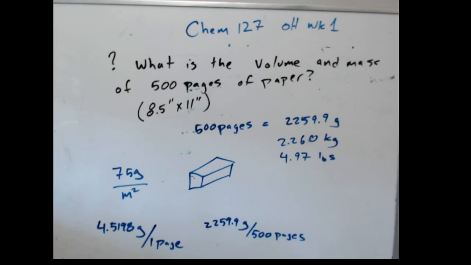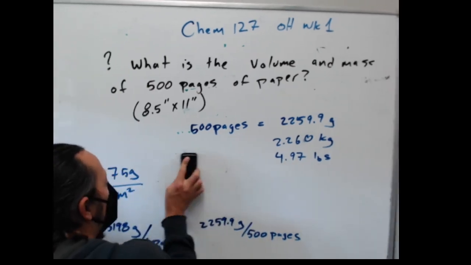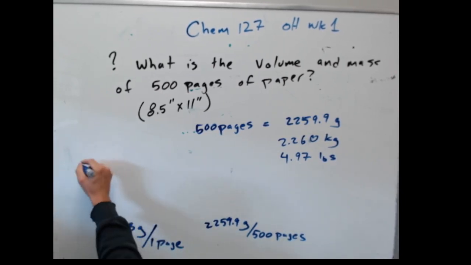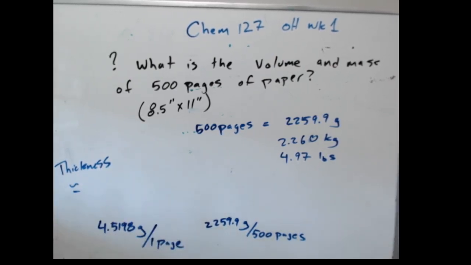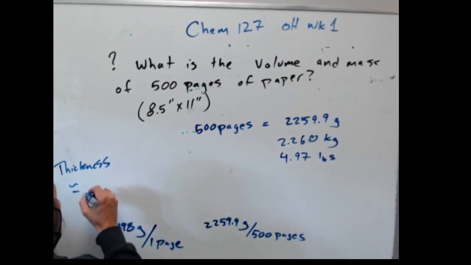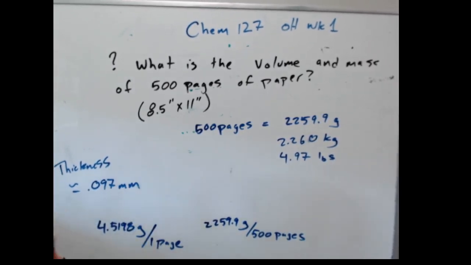Yeah, if we have 20 weight paper, which is what we have, the thickness is approximately equal to 0.097 millimeters. Okay.